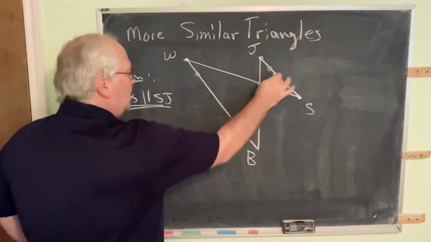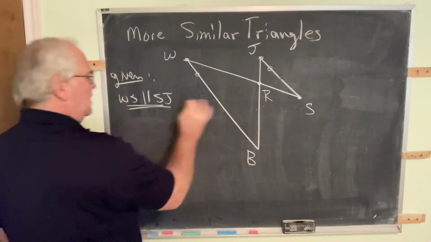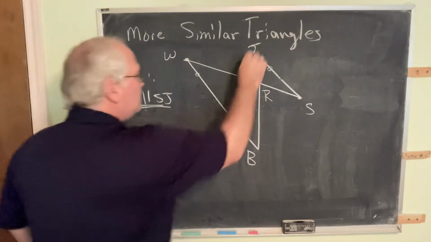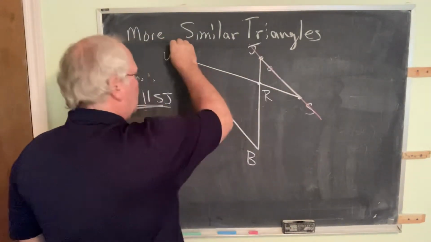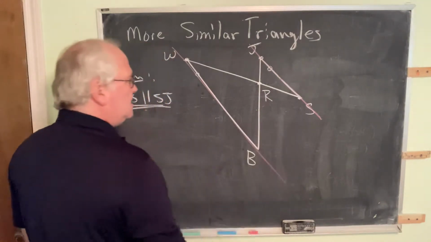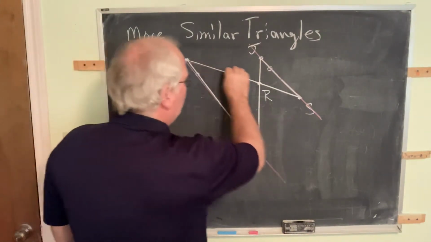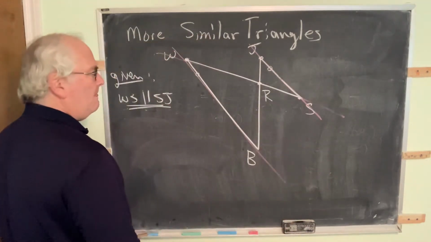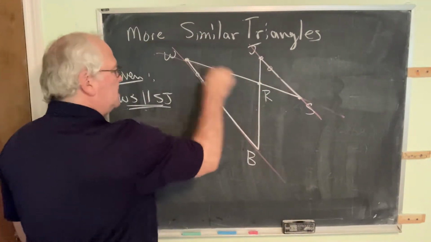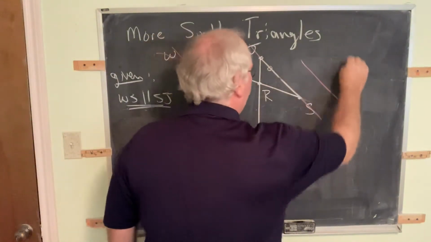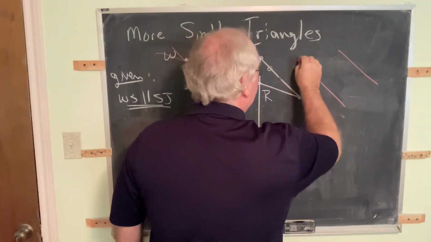recall these two lines are parallel. That was given. Well, look, we now have two parallel lines crossed by transversal WS. Two parallel lines crossed by this transversal. If I were to remove that from the picture, it would look like this, right?